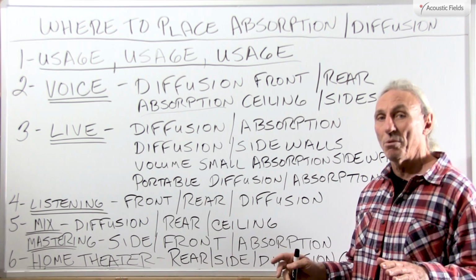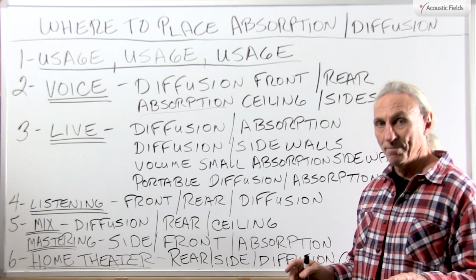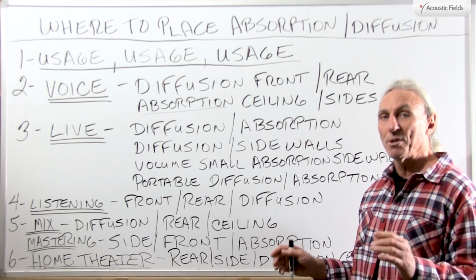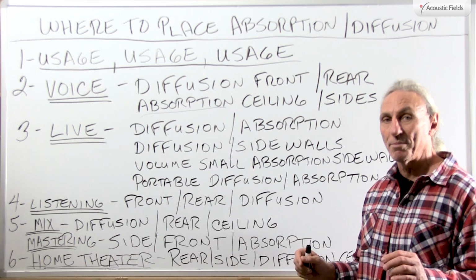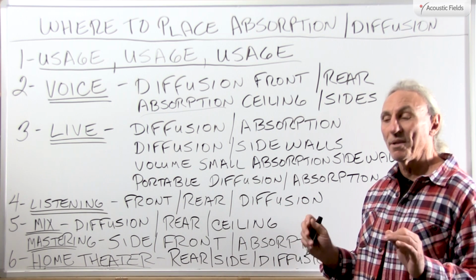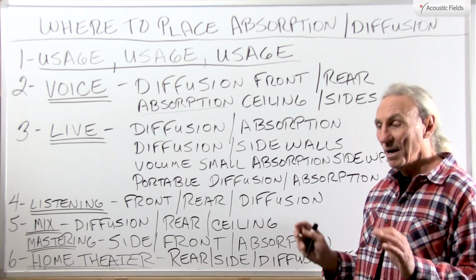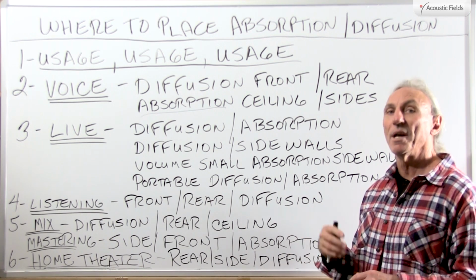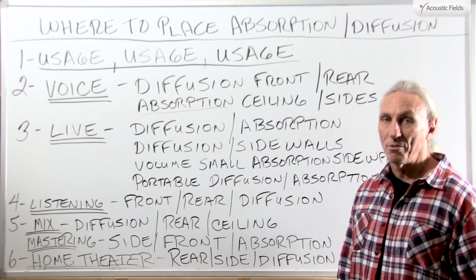You're going to see an actual build of a voice room with diffusion and absorption. You're actually going to hear audio tapes of the recordings using diffusion and absorption, and I think you're going to be very impressed. I think we have a process here that adds new life and energy to our voice.